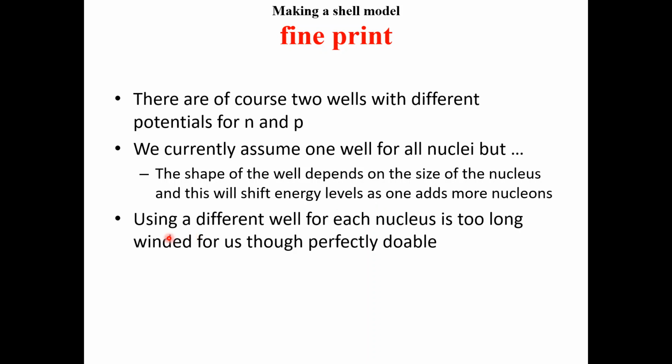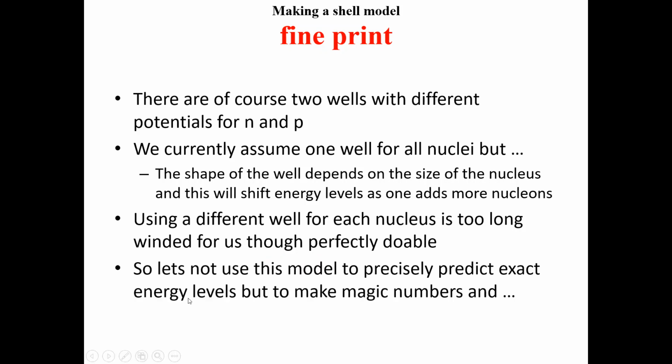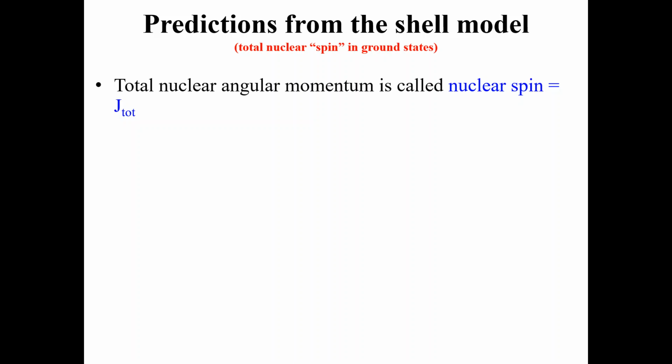Using a different well for each nucleus is too long-winded for us. So let's not use this model to precisely predict the exact energy levels, but to make magic number predictions for the shell model.